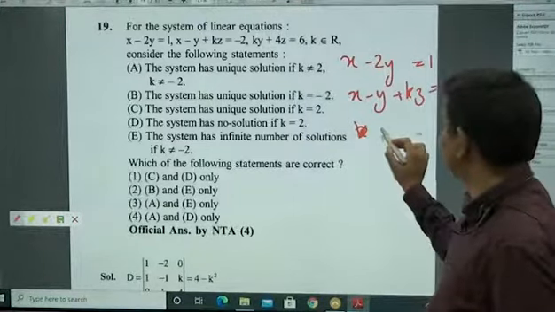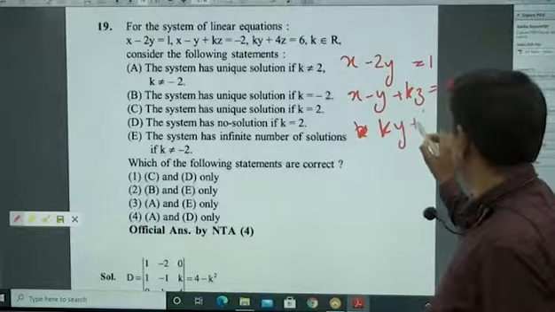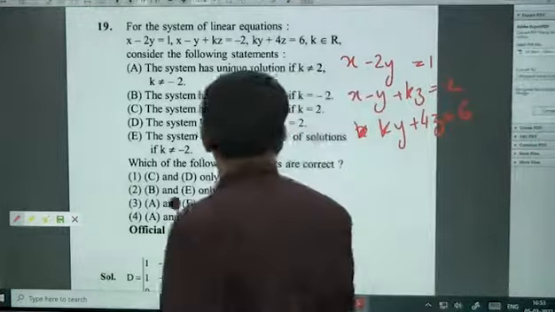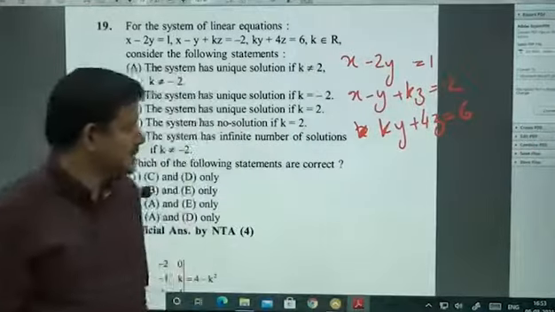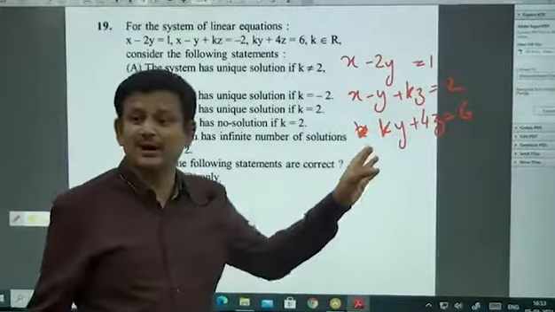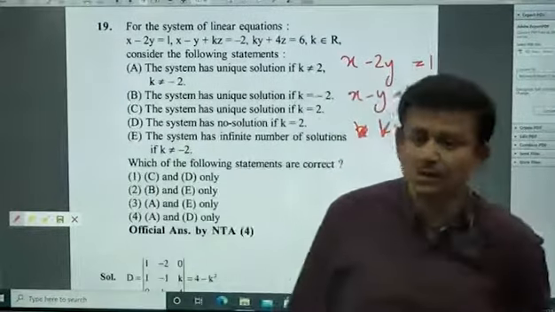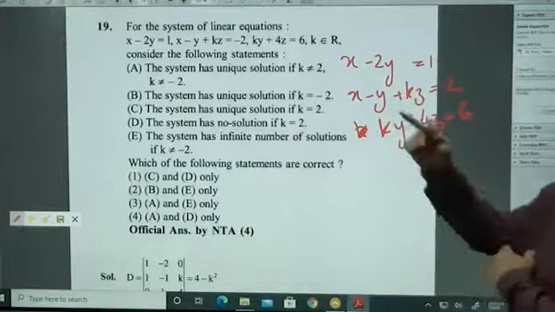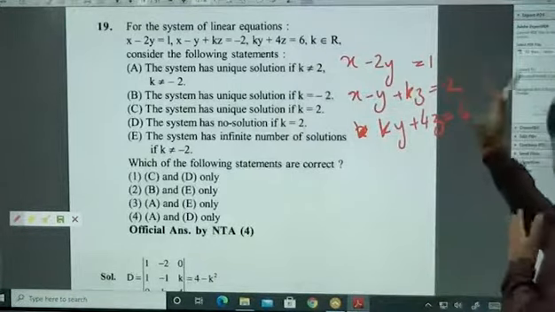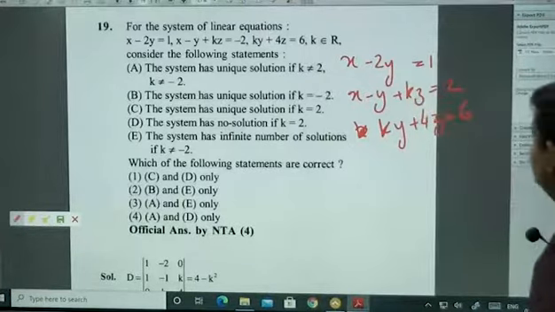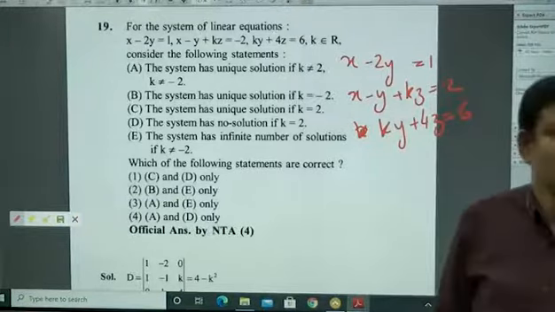No x, ky plus 4z is equal to 6. K is in two different places. Two unknowns are there, so it is difficult to identify any linear combination. Had it been only one single unknown, with two equations I can find a linear combination and apply it on the remaining. But what happened? Two unknowns.